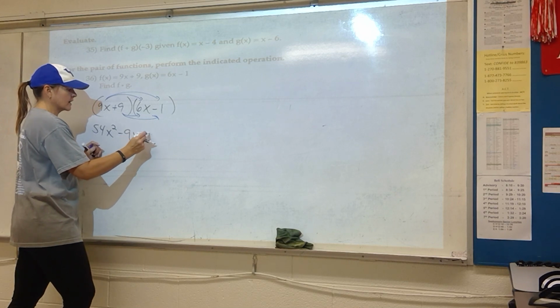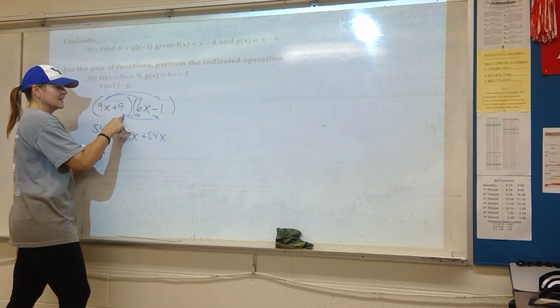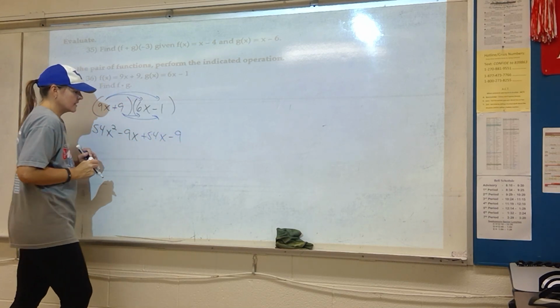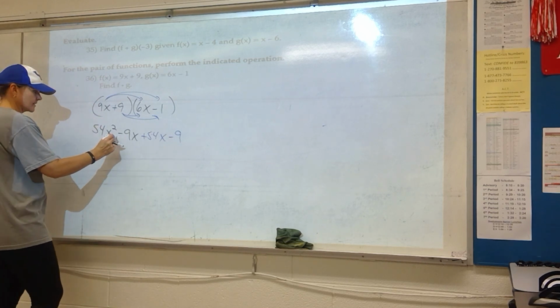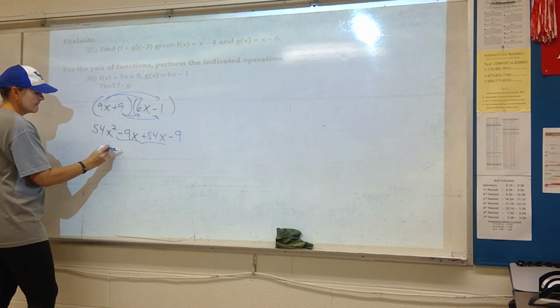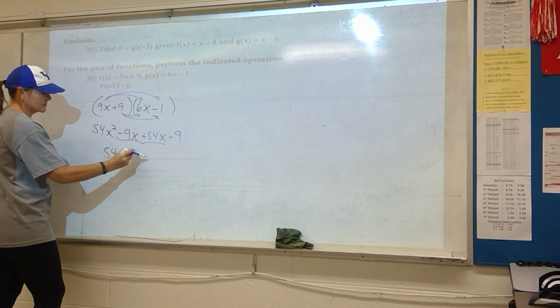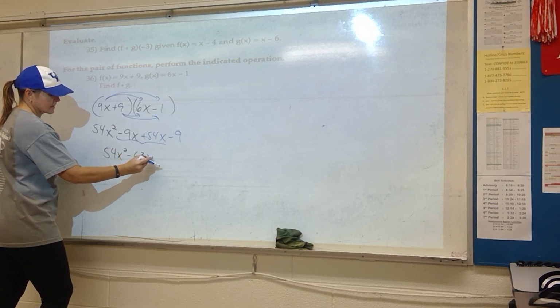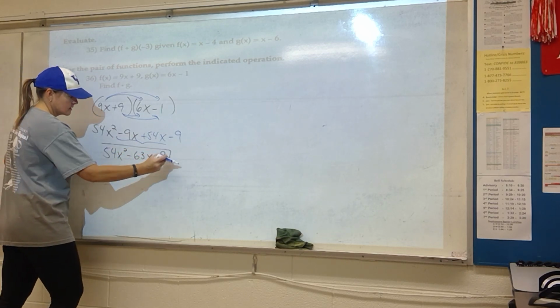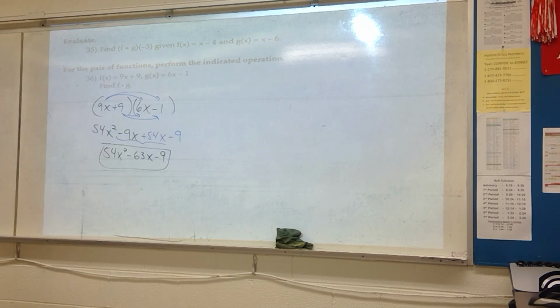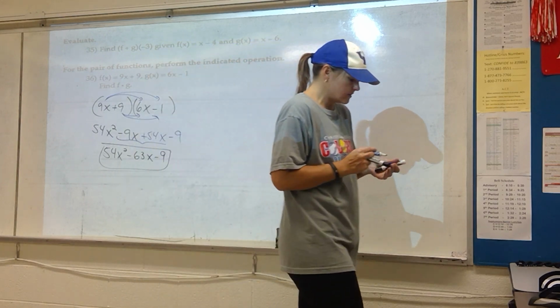That's going to be 54x. 9 times -1, -9. If you're looking for like terms, the only like terms are in your middle. 54x squared minus 63x minus 9. And that is your answer. Binomial times binomial, you must FOIL.